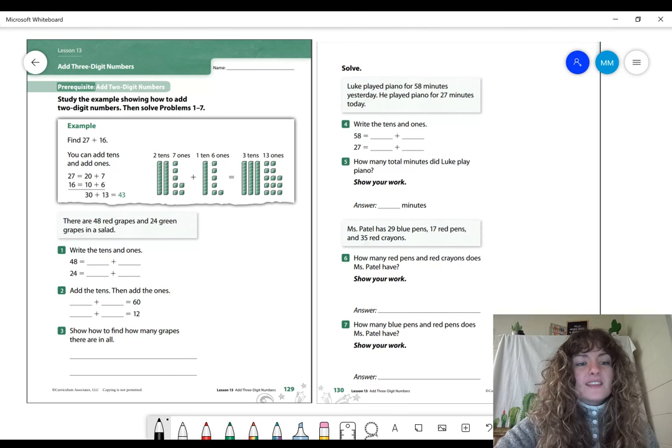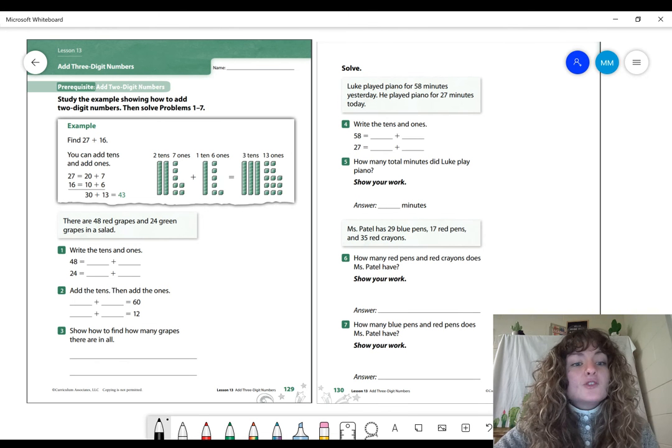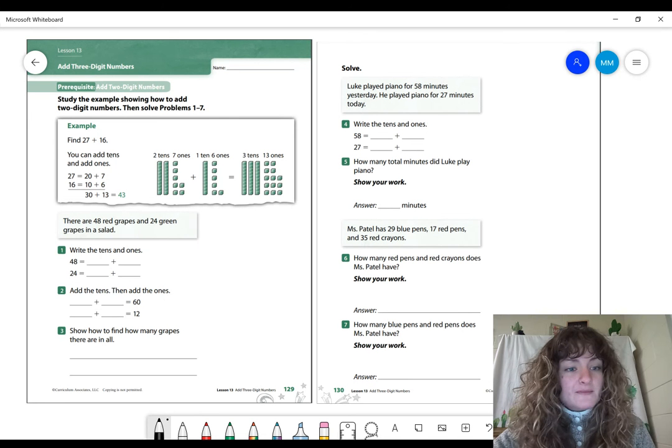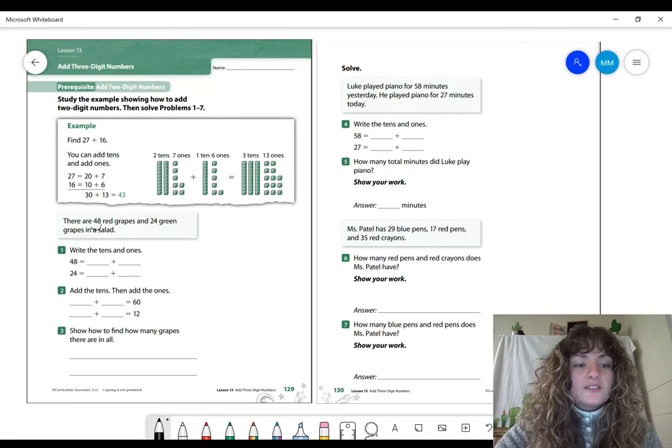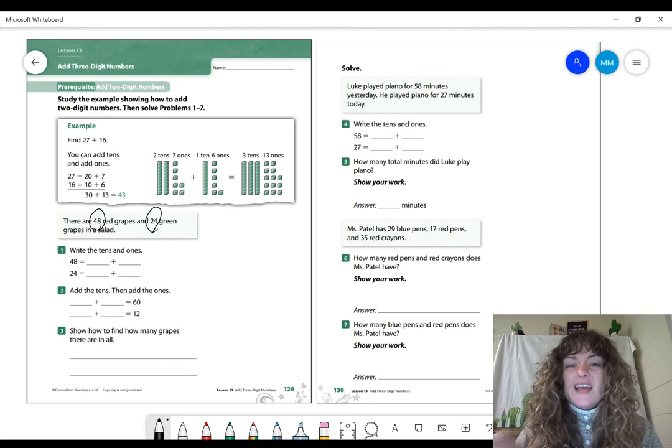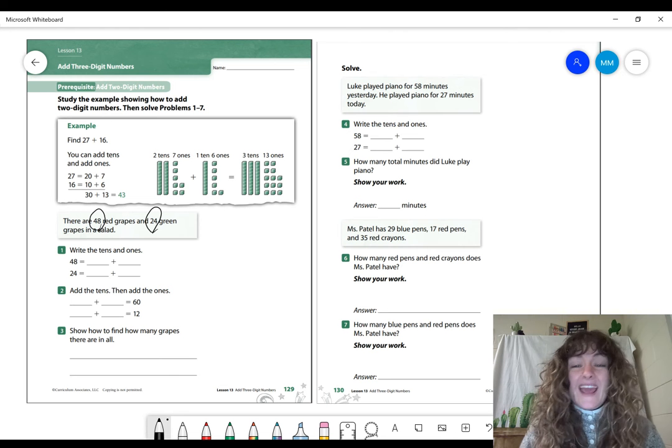So let's look at this word problem. It says there are 48 red grapes and 24 green grapes in a salad. So our two parts are 48 and 24. For number 1, it says write the tens and ones. So in 48, how many tens do we have?